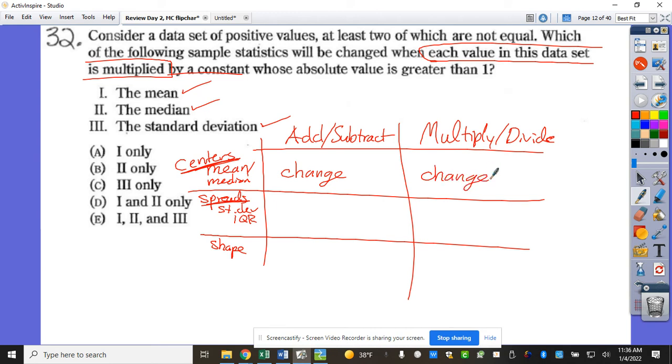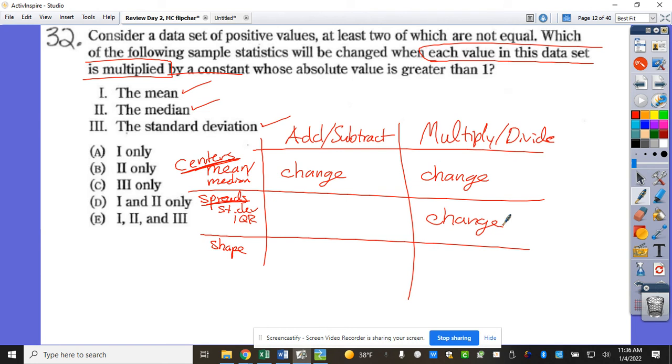Anything with spread, standard deviation, interquartile range, that type of stuff, which one are they changed by? Multiply, divide. Because if I take some blob and stretch it, that spread is going to change.